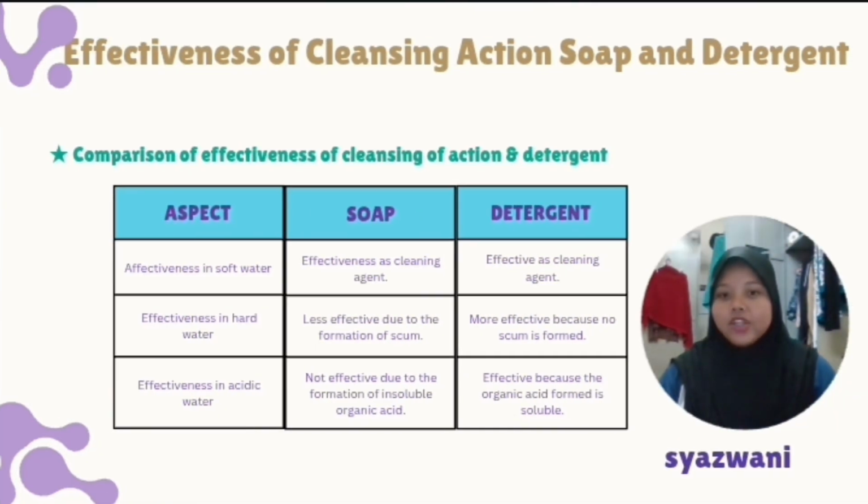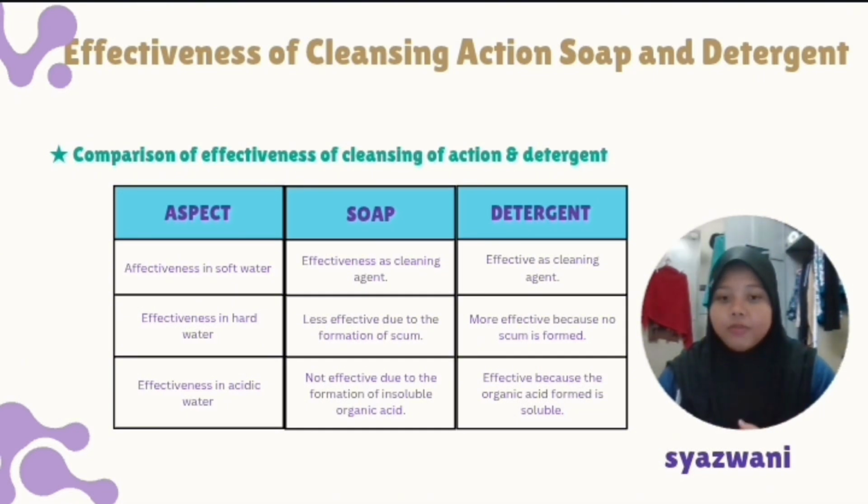Next is the comparison of the effectiveness of cleansing of soap and detergent. For aspect number one, effectiveness in soft water: soap is effective as a cleaning agent, and detergent is effective as a cleaning agent too. The second aspect is effectiveness in hard water. Soap is less effective due to the formation of scum, but detergent is more effective because no scum is formed.